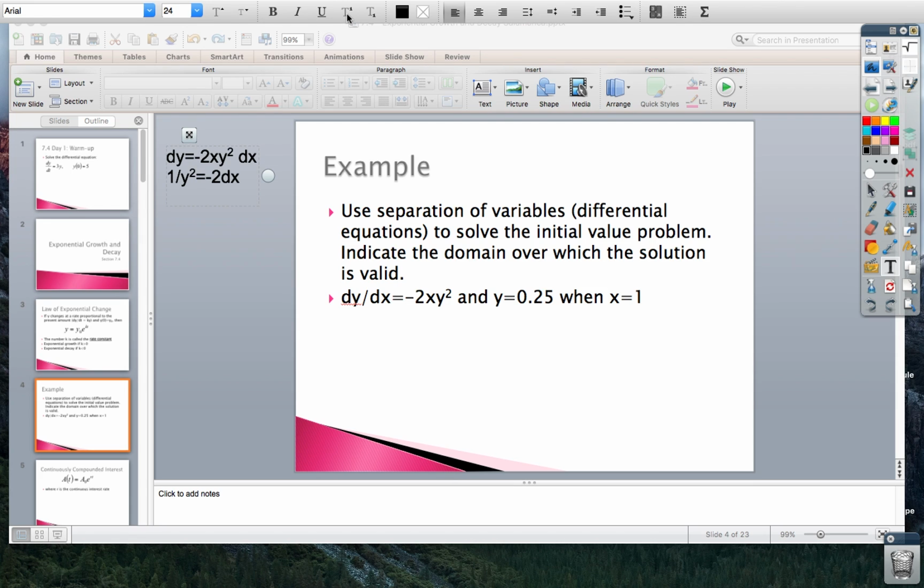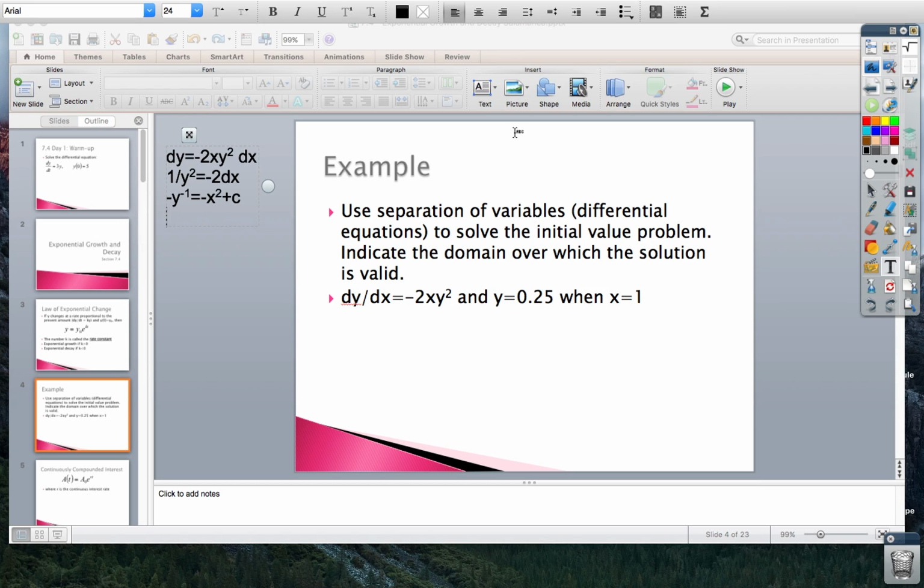Now if we take the antiderivative of both sides, we end up with negative y to the negative first power equal to negative x squared plus c. Now if you take a look at the problem, it says y is equal to 1/4 and x is equal to 1.